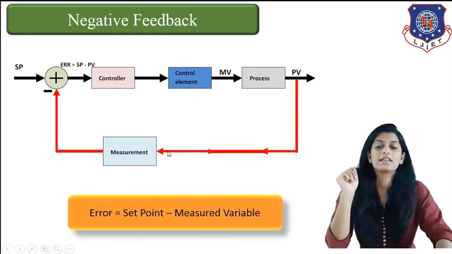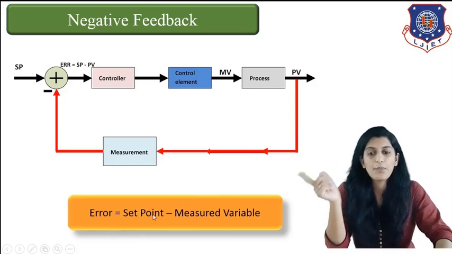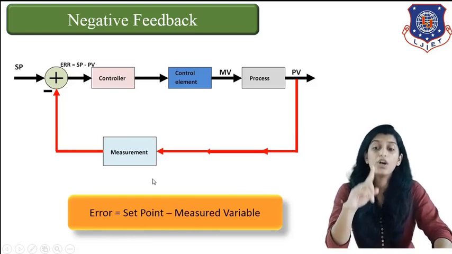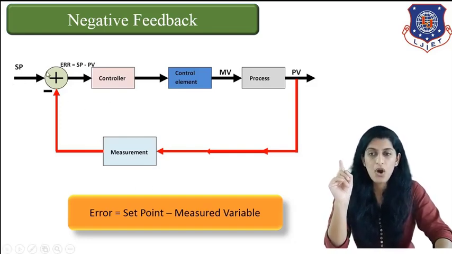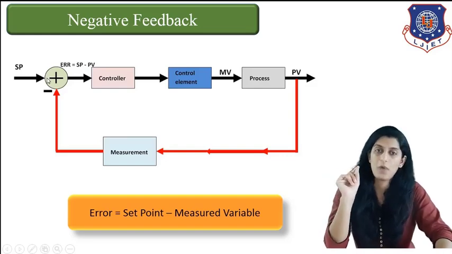Correct. And the formula is given by error is equal to set point minus measured variable. Again I am repeating, whenever you are subtracting the measured variable value from your desired set point, then it is termed as negative feedback.